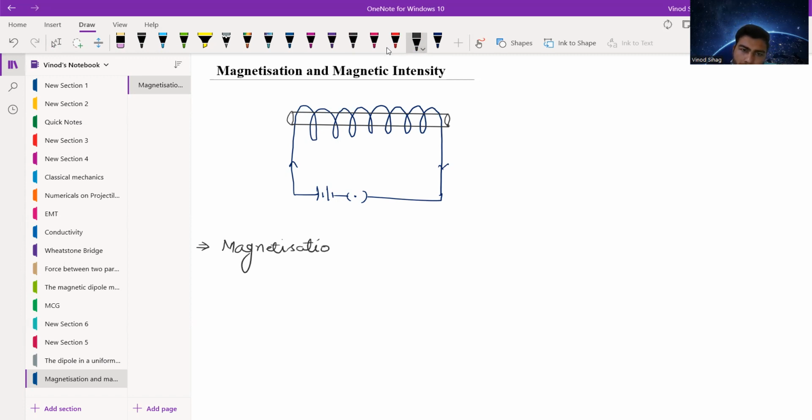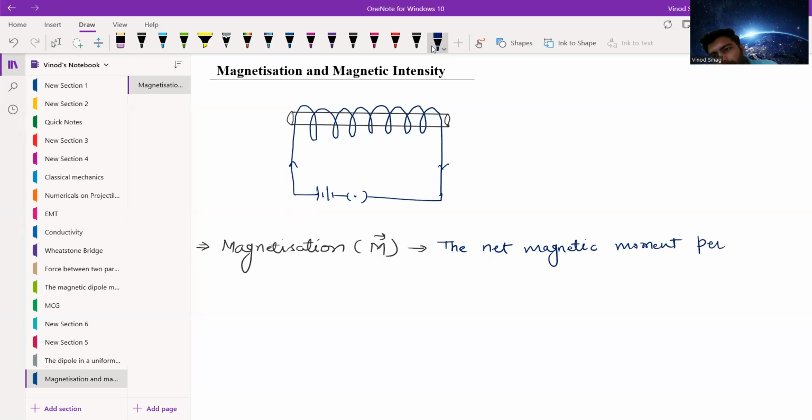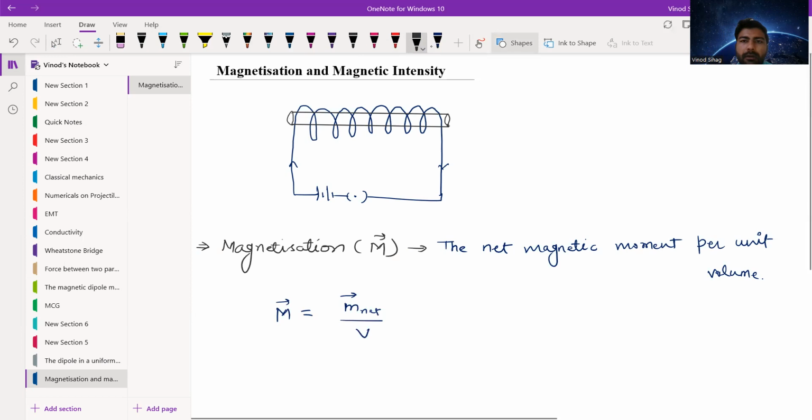It is given by M vector equals M vector net upon volume V. So that's how we represent the magnetization of a particular substance.